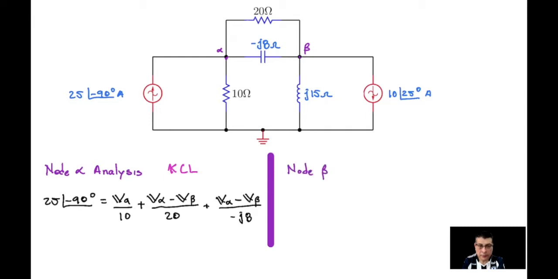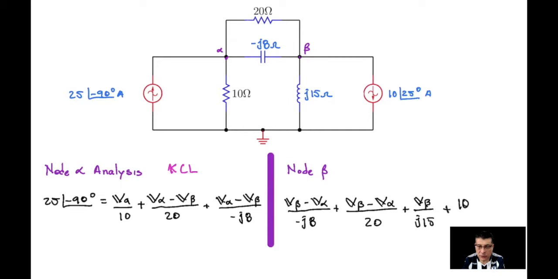Node beta, so V beta minus V alpha over minus J8 plus V beta minus V alpha over 20 plus V beta over J15, and also the current from the source is going out, so this is going to be plus 10 angle of 25 degrees.